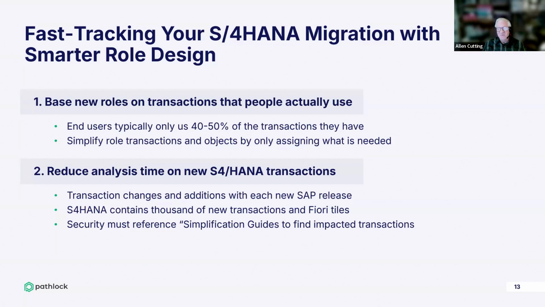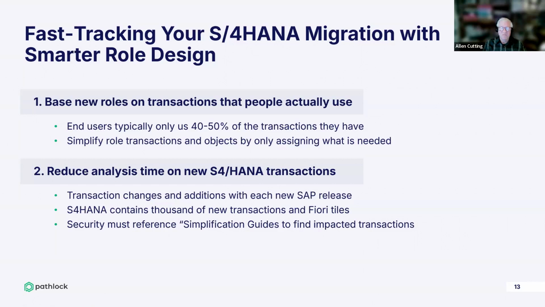It's usually not that big a deal, but HANA has probably thousands of new transactions and Fiori tiles. And so you need to go through a simplification guide to find out which ones are going to affect you. That's about 1,000 pages long and refers you to a bunch of OSS notes. It's no fun, and it can take a couple weeks for the security guys to do that.